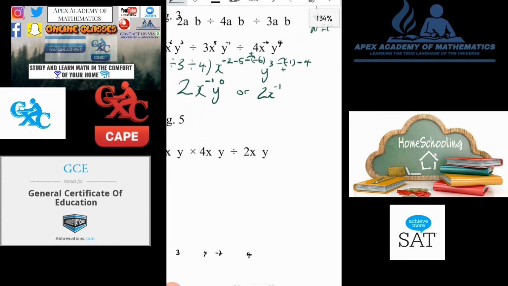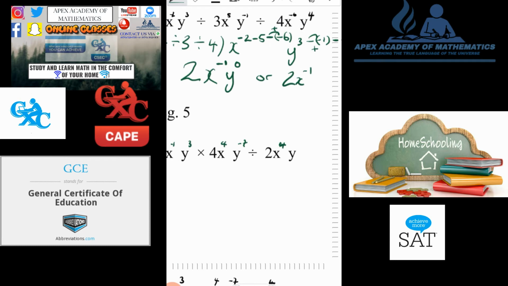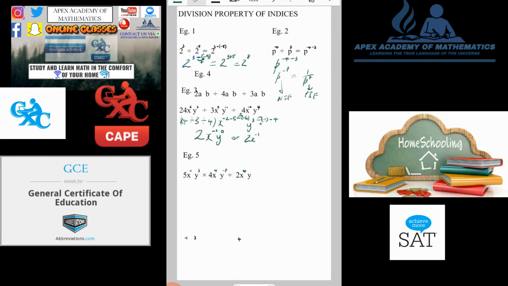Let's just zoom it up a little bit. We have a -1 here, we have a 3 here, a 4, -7, and a 4. That's what we had here. Let's just zoom out a little bit and take care of this part.